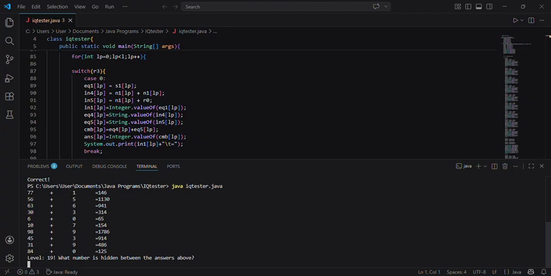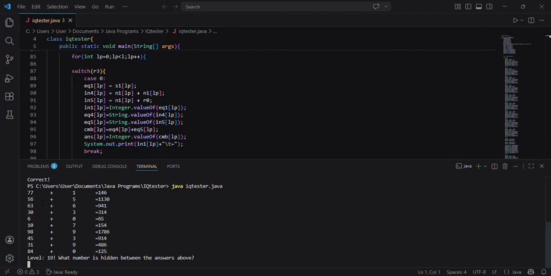So here 77 plus 1 equals 146. What could it be? 7 plus 7 is equal to 14. So what happens to this 1 that is giving us 6? Let's see. Is it 1 plus 5 equals 6?